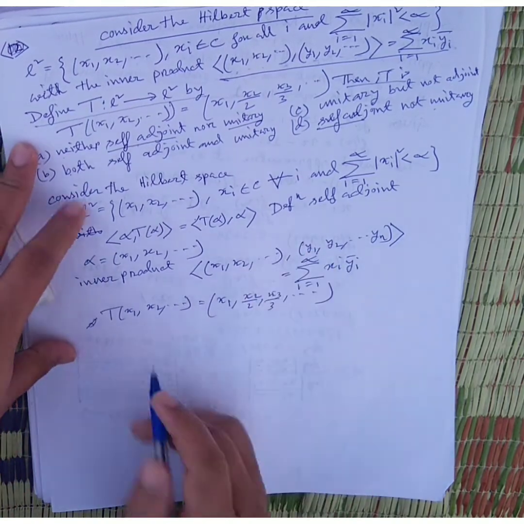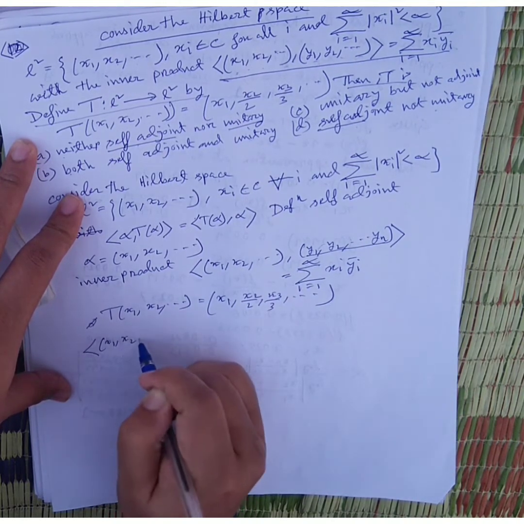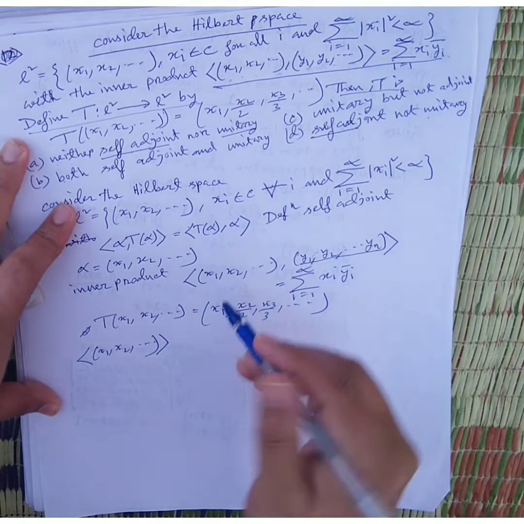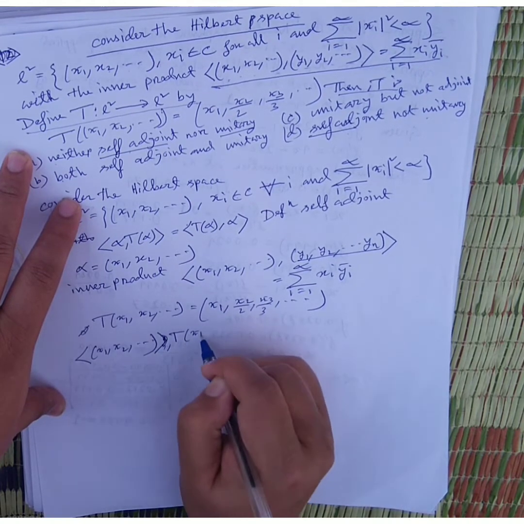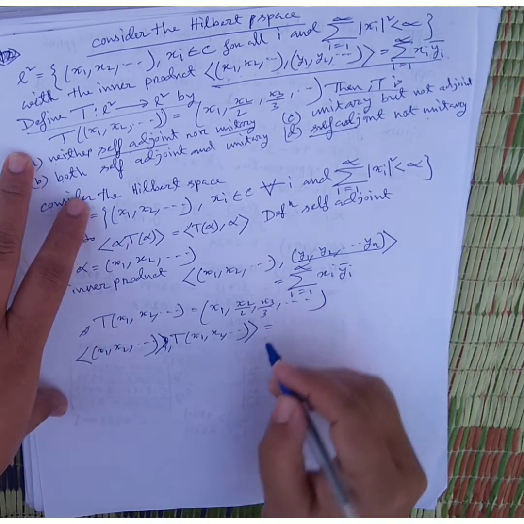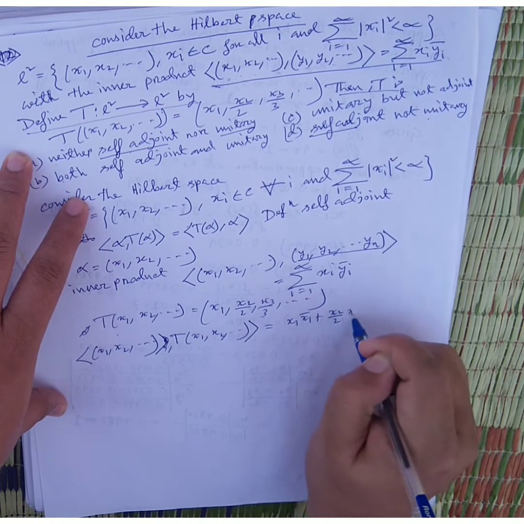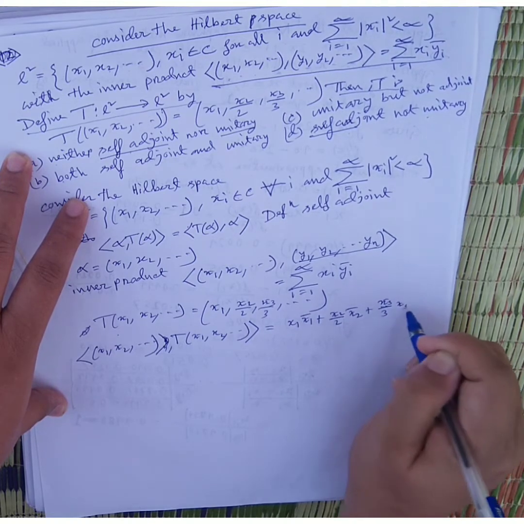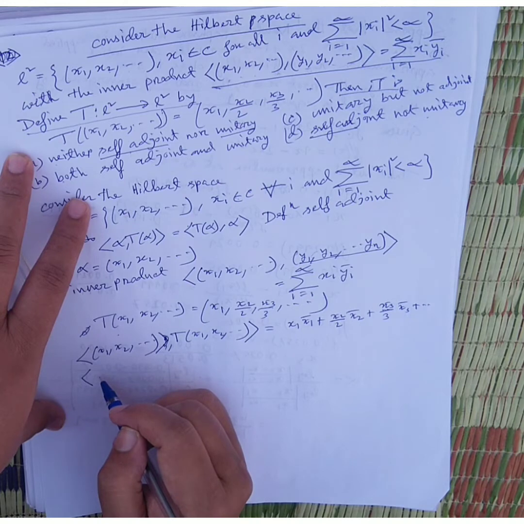T(x1, x2, ...) with (x1, x2, ...) is equal to x1 x1 bar plus x2/2 x2 bar plus x3/3 x3 bar plus and so on.